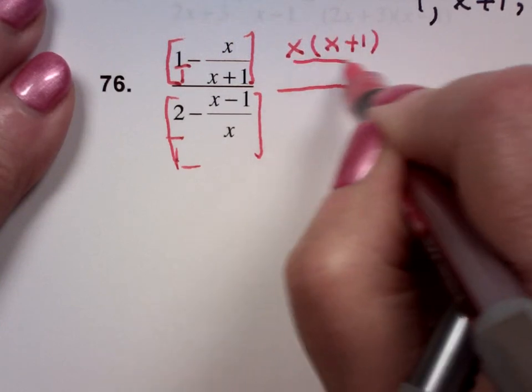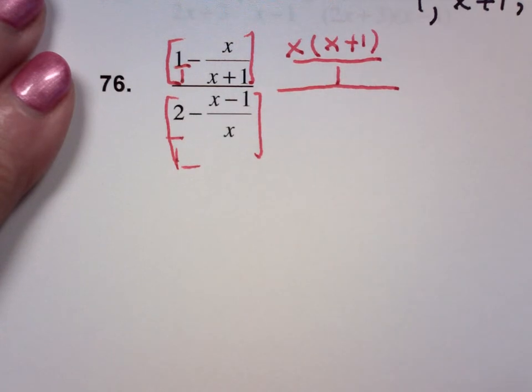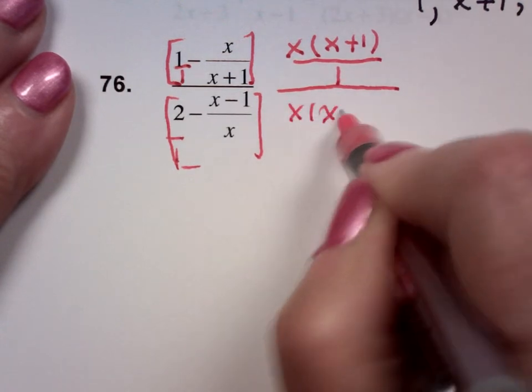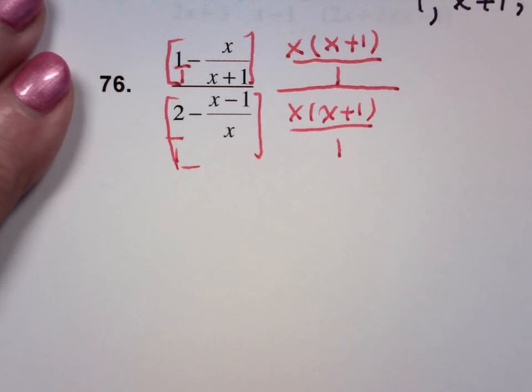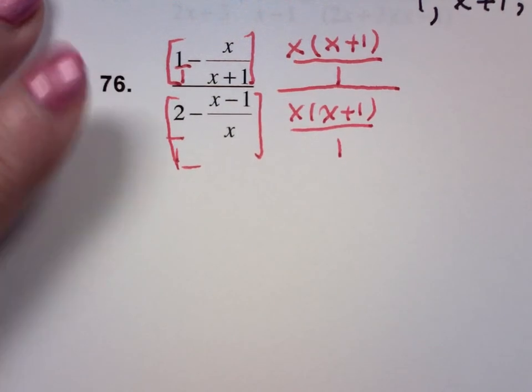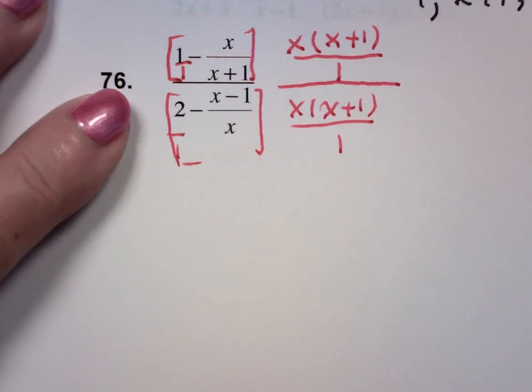But this is going to be over 1. This is going to be over 1. Then you say, well, what's that going to do for me? Well, I've got more than one term.